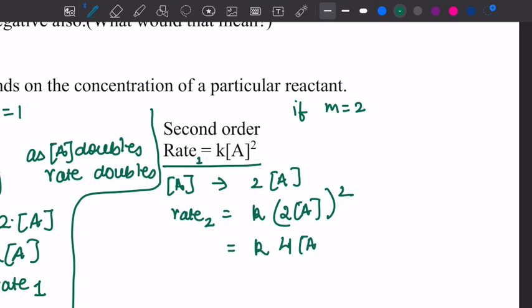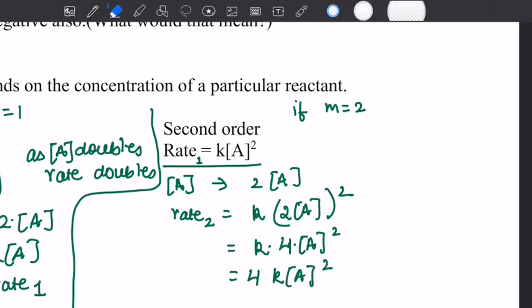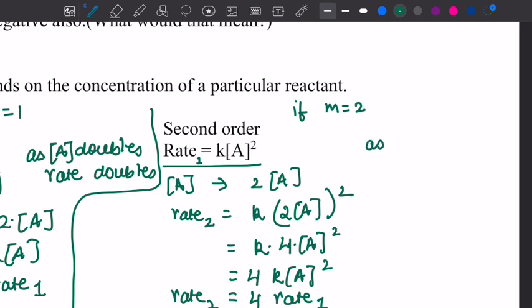You would get k times 4 times concentration of A squared, 4k[A] squared. So your rate 2 is actually 4 times rate 1. So for a second order reaction where the value of m is 2, when you double the concentration of the reactant, the rate actually quadruples.